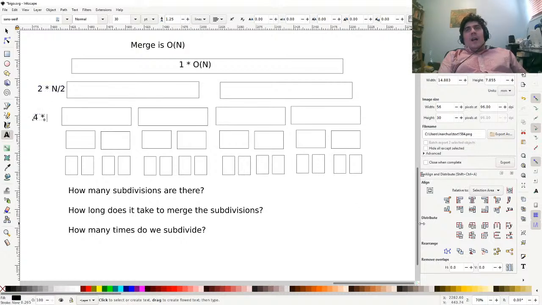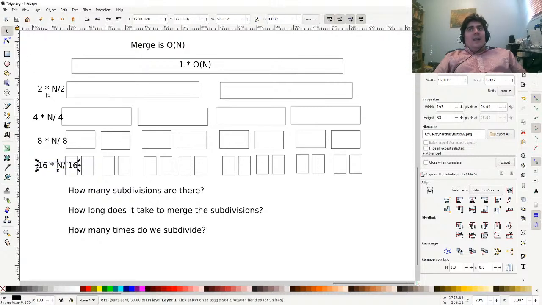And then we have 4 times the size n over 4, which is also equal to n. And we have 8 times the size n over 8, which is also n, etc. So this is 16 times n over 16, which is also equal to n. So the total cost at any level of merge sort is O of n.